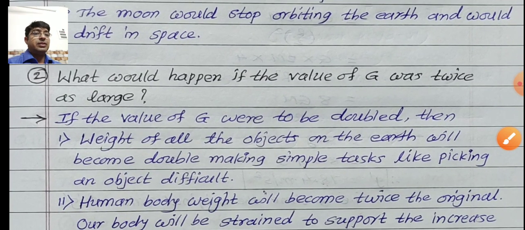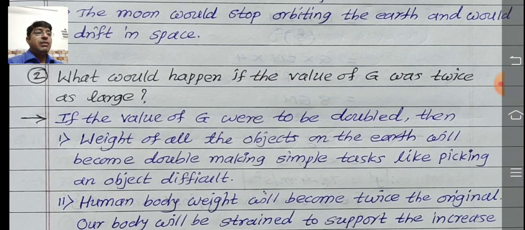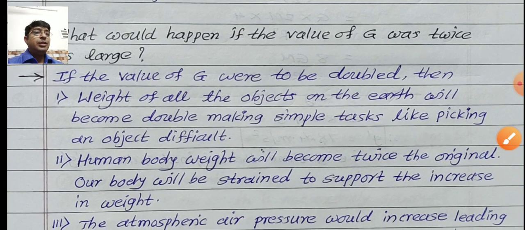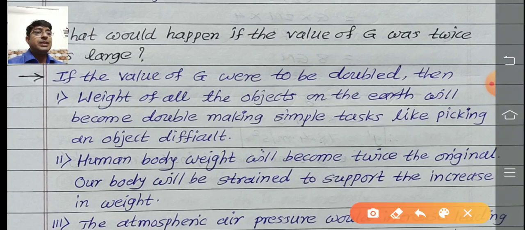Second question given for us: what would happen if the value of capital G was twice as large? If the value of capital G, the universal gravitational constant, were doubled, then what happens?